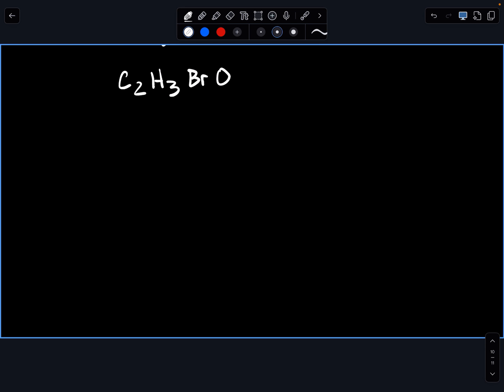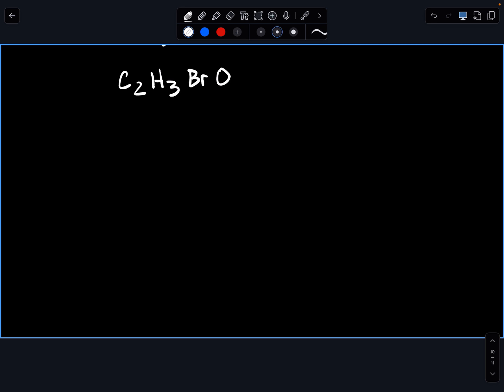And there's no charges or anything? No. Okay, so this is the formula, C2H3BrO, and we're asked to draw one isomer or several? All possible isomers.